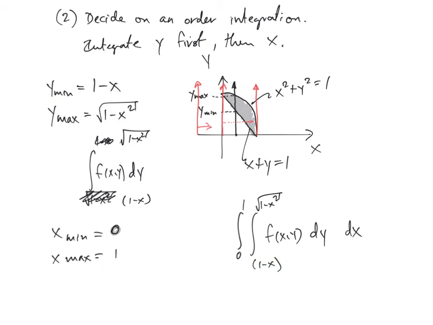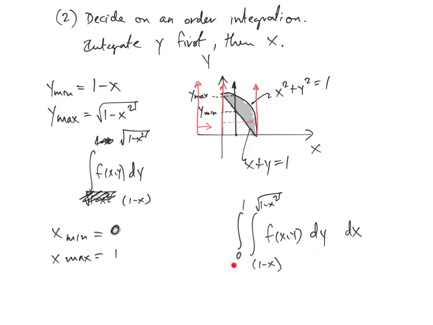Now I've got an expression with just x in it. Then I take the integral of that expression with respect to x and apply the limits from 0 to 1. So this is the general case, and you'll notice that the limits of our inner integral could be, and in this case are, functions of x, the variable that I'm not integrating with respect to first.